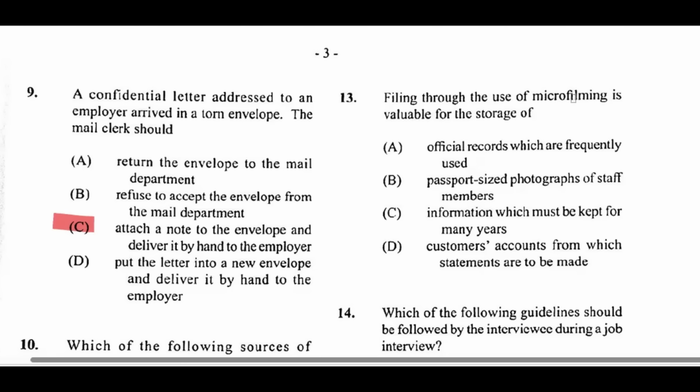Archiving means you're putting away inactive files that nobody seems to be using. You cannot throw them away, but you must keep these files. So the best answer here is C, information which must be kept for many years. Definitely you can use the microfilm. That information will be on inactive files. An active file is a file you use often. Inactive is a file you do not use frequently.